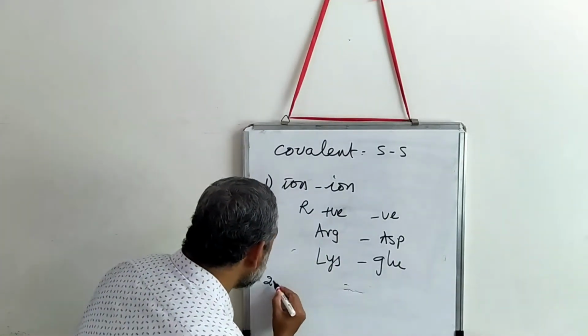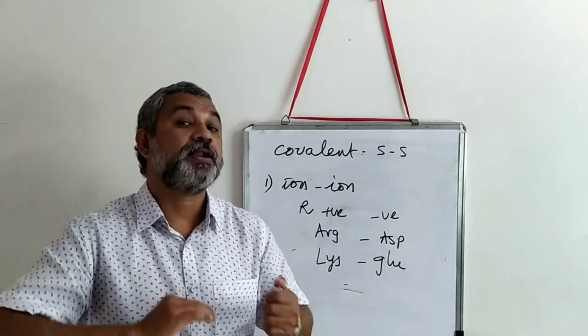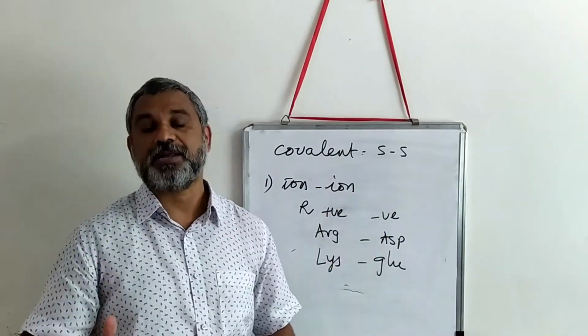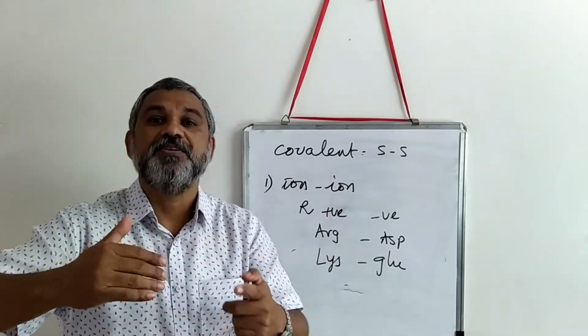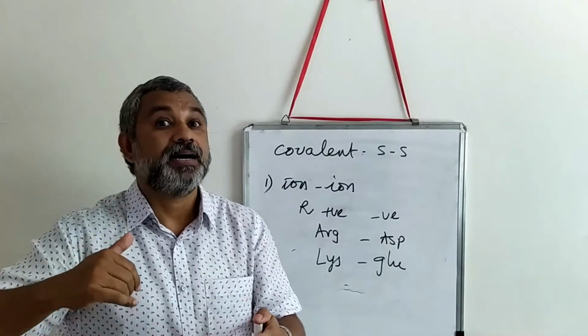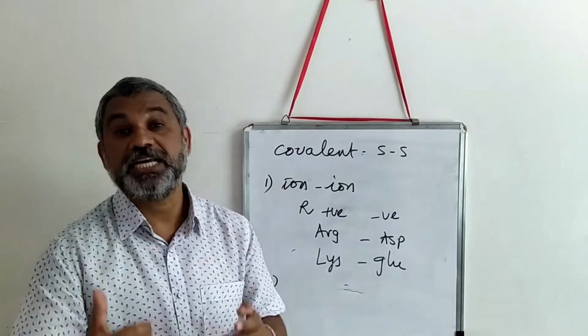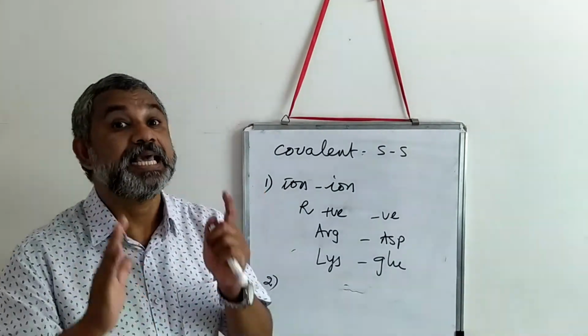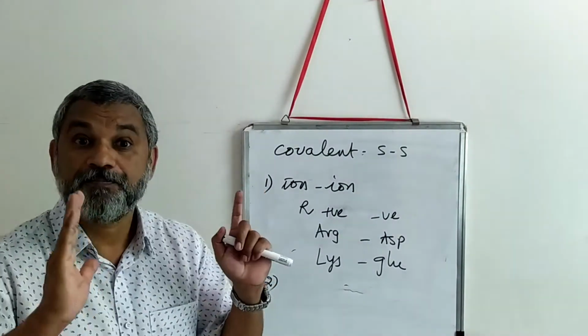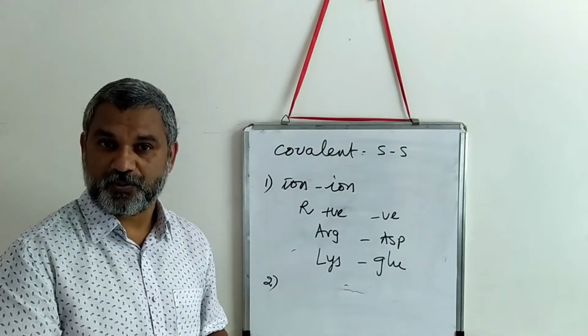The second kind of interaction is, as you know, the plenty of hydrogen bonds that are present. Hydrogen bonds present between the alpha helical structure and the sheet structure will stabilize the tertiary structure of a protein.